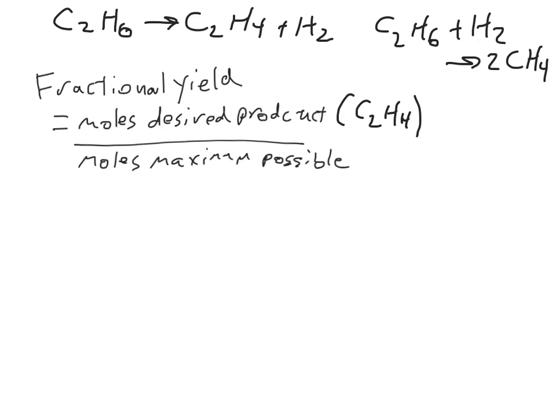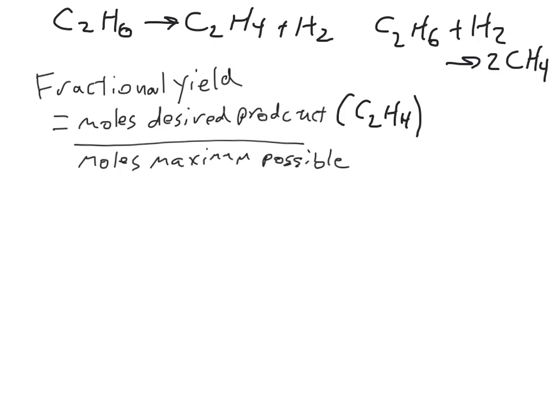So let's look at how we can use our fractional yield to give us an equation that relates extent. Here are our two reactions again. Fractional yield is defined as the moles of our desired product, in this case C2H4, divided by the maximum moles possible.